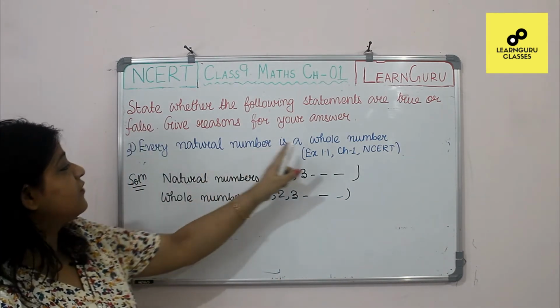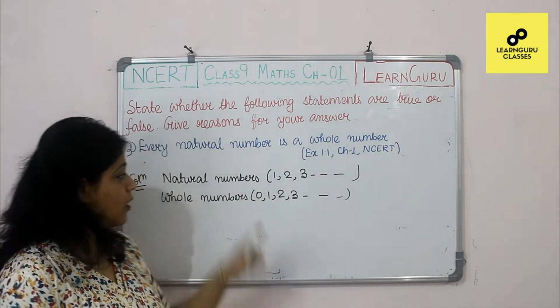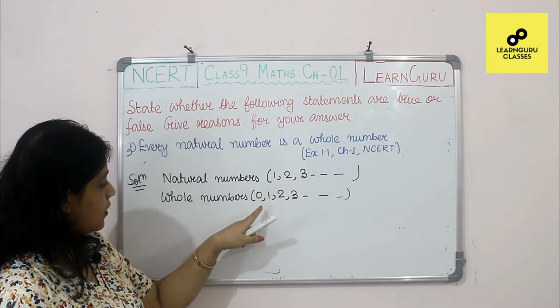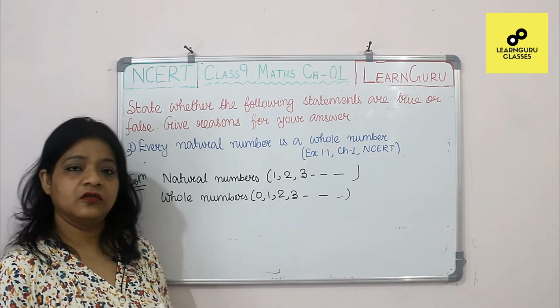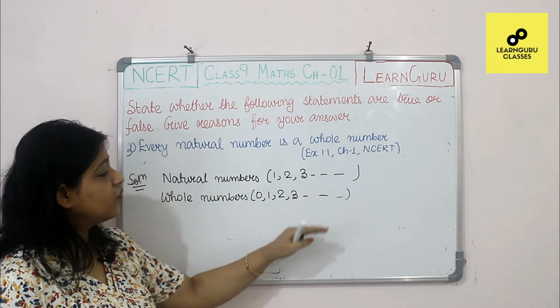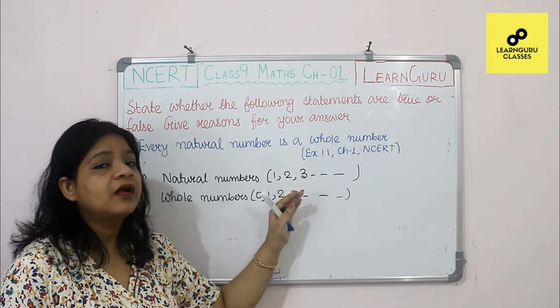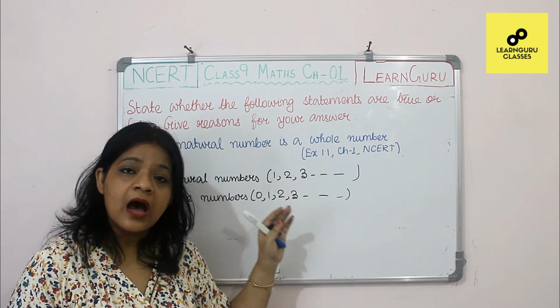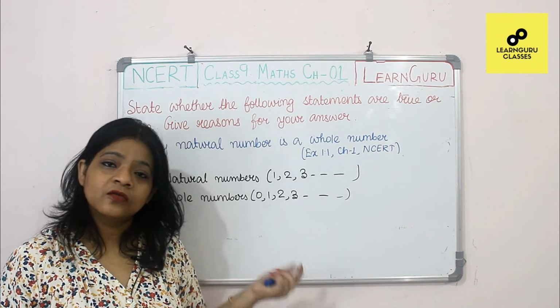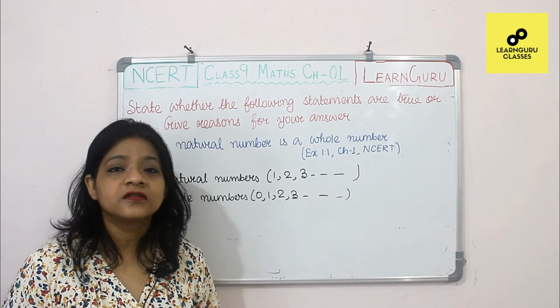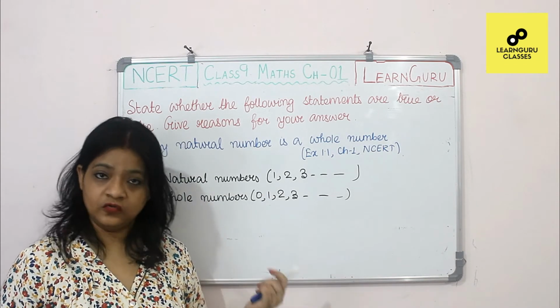So every natural number is a whole number. 1 is a natural number, it is also a whole number. 2 is a natural number, it is also a whole number, isn't it? So in this way, whatever numbers are natural numbers are also whole numbers. So what is this statement, true or false? The statement is true.